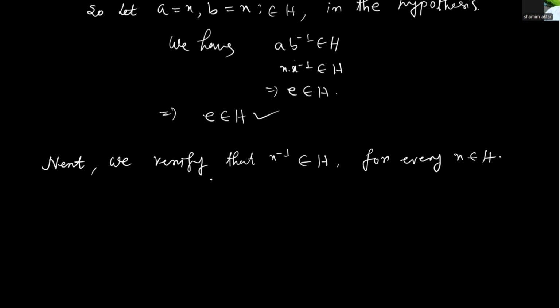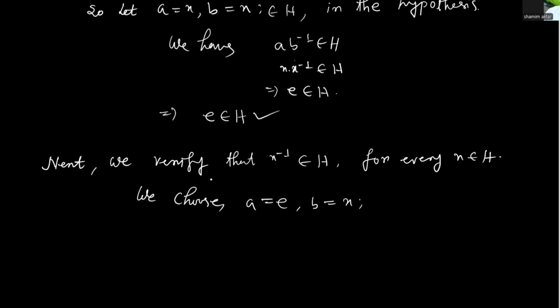Here we choose a equal to identity, since the identity already belongs to H, and b equal to x.